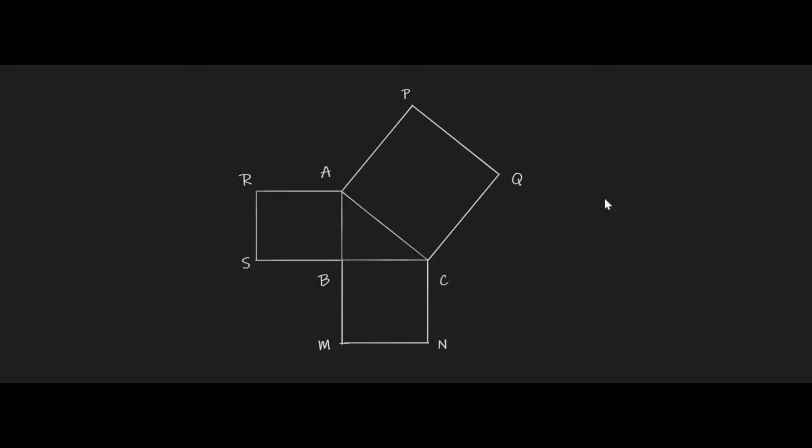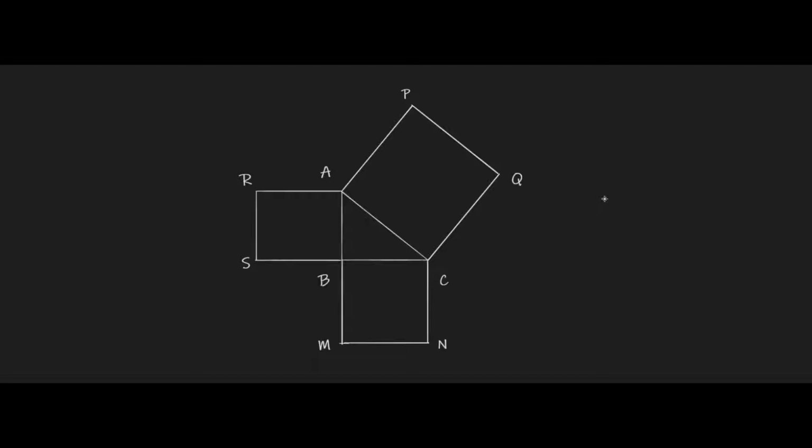So this is what the new diagram will look like when we have placed the three squares on the corresponding sides of the right-angled triangle. Let us now label the diagram. And this is how our diagram looks with the labels on.